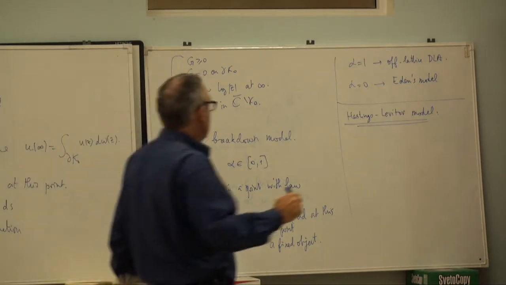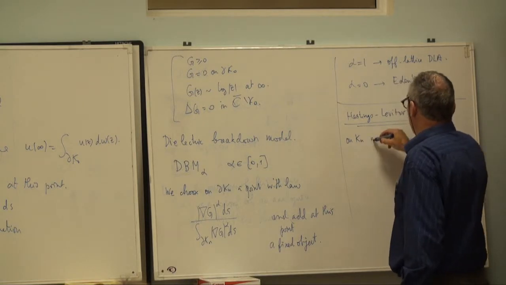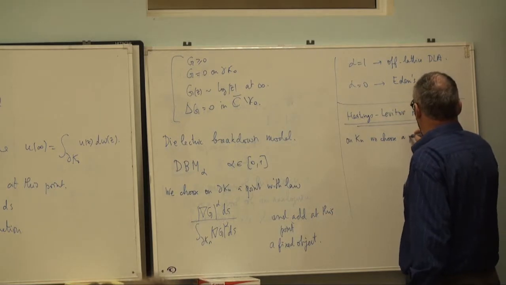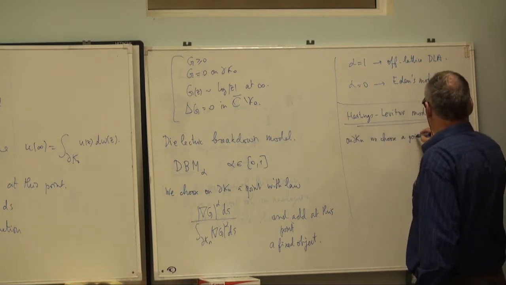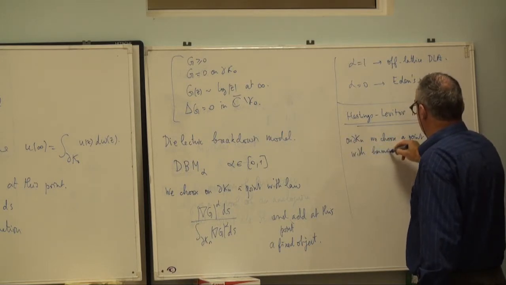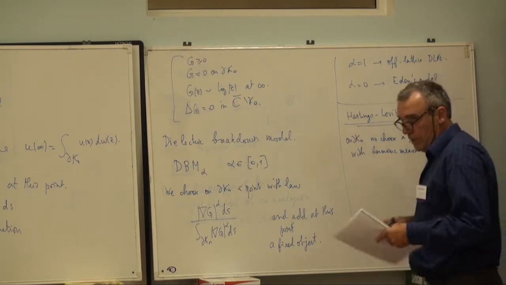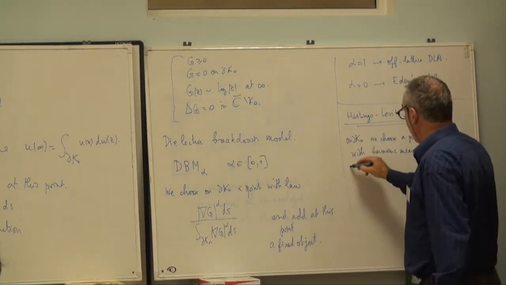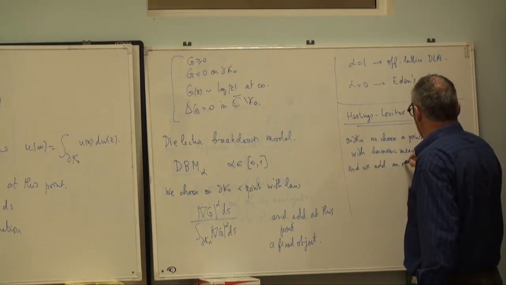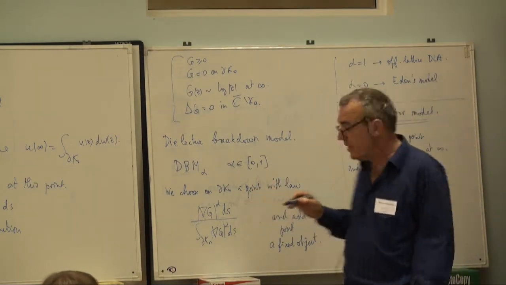So here on Kn we choose a point on the boundary with harmonic measure at infinity, and we add an object, say a circle or a disk or something like this.